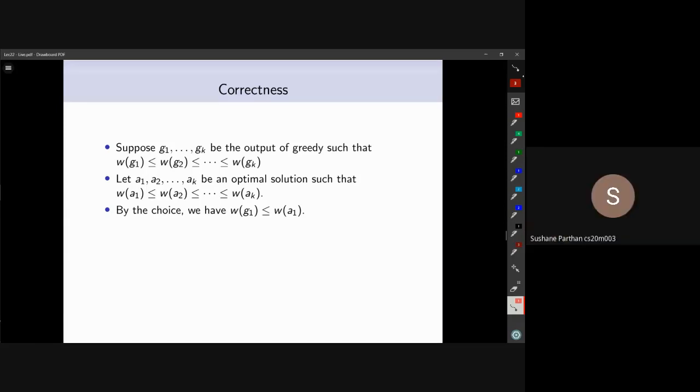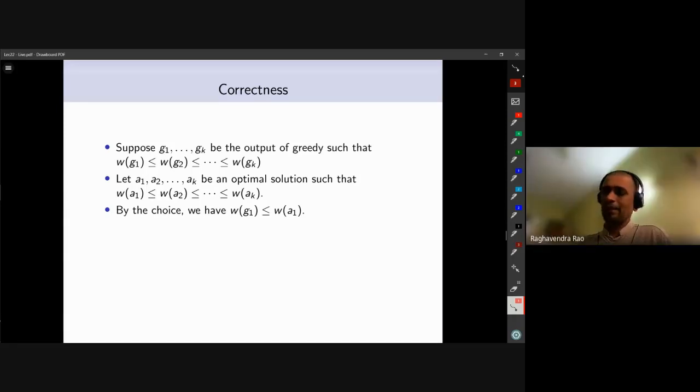So eventually it has to be that they are equal. It cannot be smaller. So if the total weight has to match, they have to be equal. Or in other words, an optimal solution will in fact be a greedy solution itself. That's what we are going to prove. But right now we are not assuming anything.